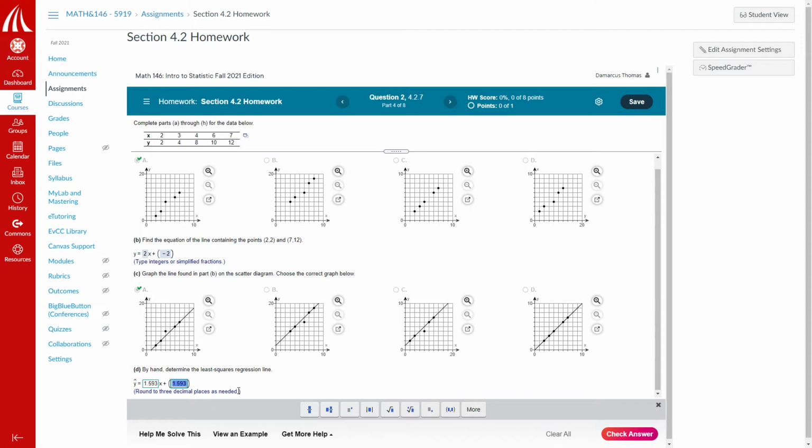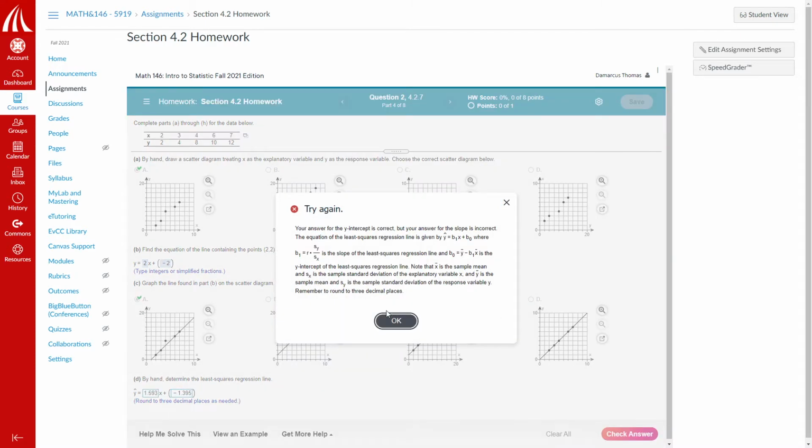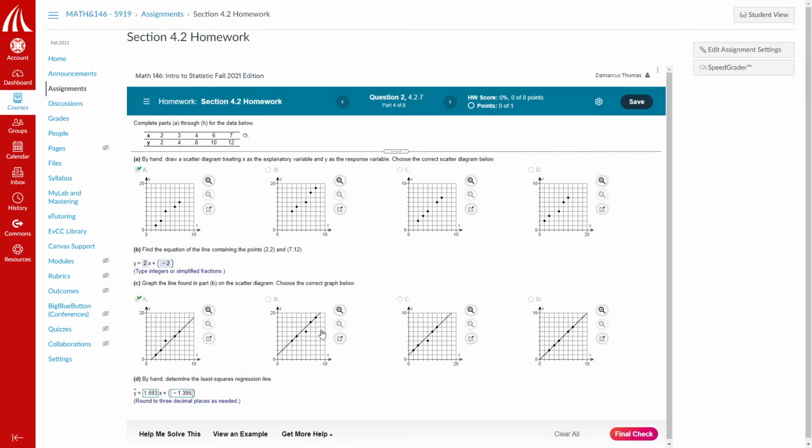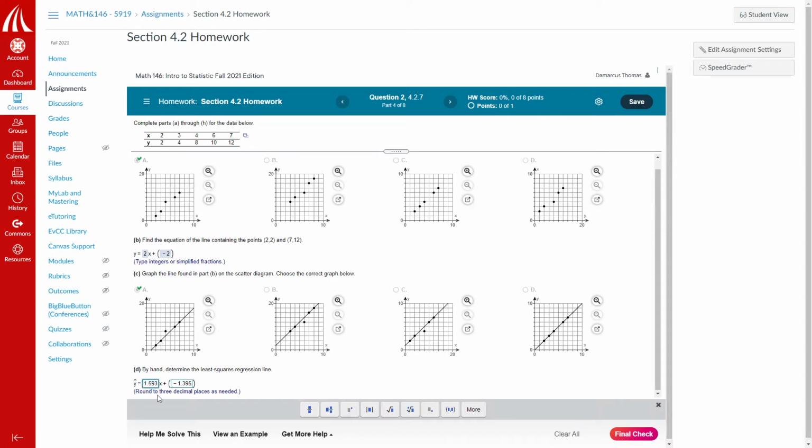Let's double check that. Wait a minute. It's 1.953x and then minus 1.395.